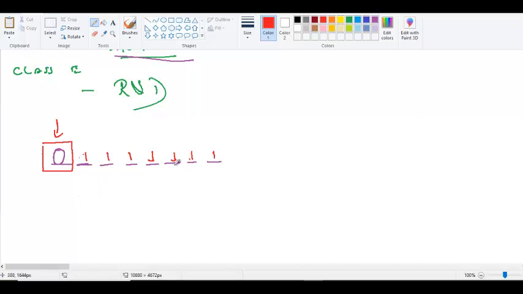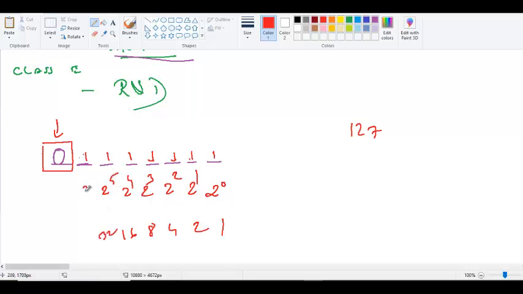How? 2 to the power of 0 is 1. Anything to the power 0 is 1. 2 to the power of 1 is 2. 2 to the power of 2 is 4. But because this is 0, 0 multiplied by 128 is 0 only. 1 multiplied by 64 is 64. 1 multiplied by 32 is 32.